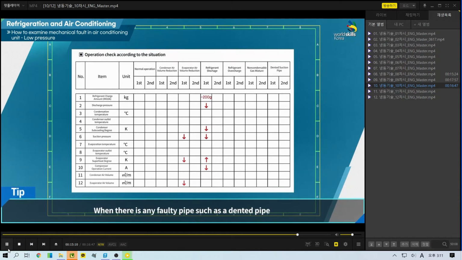When the defective piping system, such as a dented pipe, is the cause, the symptoms such as little decrease in discharge pressure and little increase in subcooling due to the changes in the condenser pressure, decrease in suction pressure, and increase in superheat of evaporator may appear.